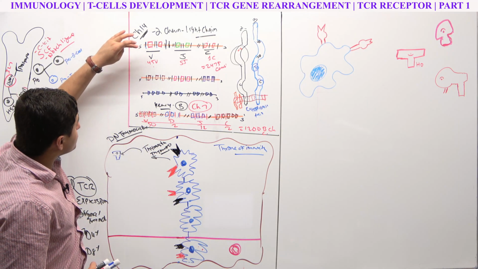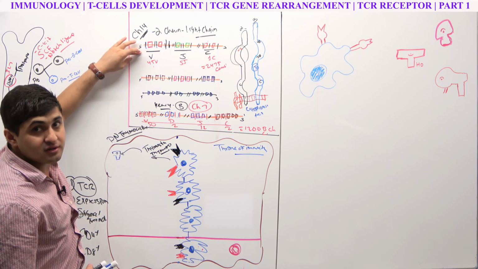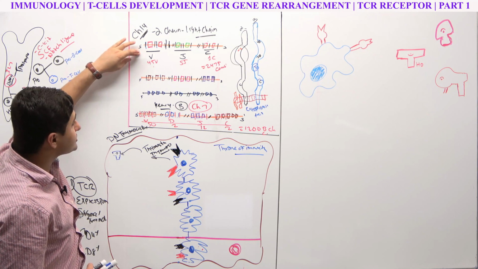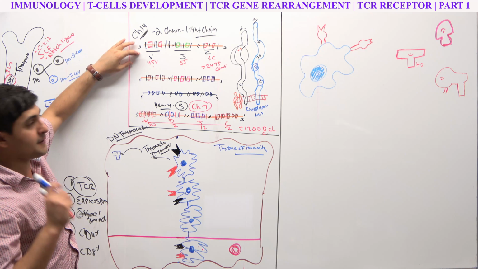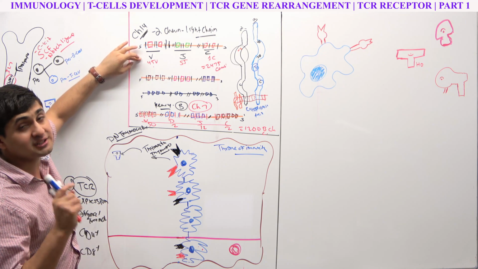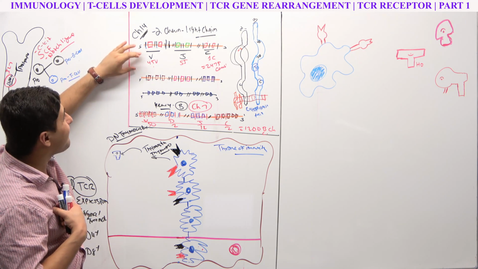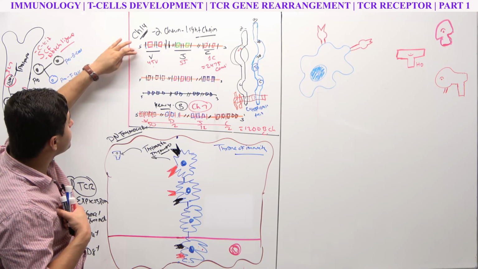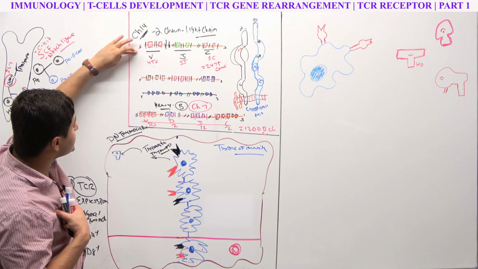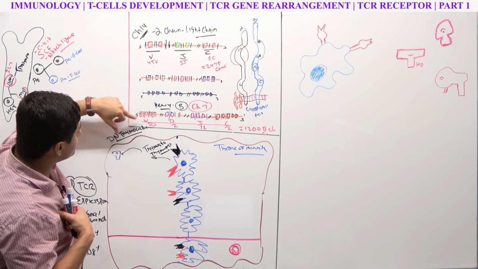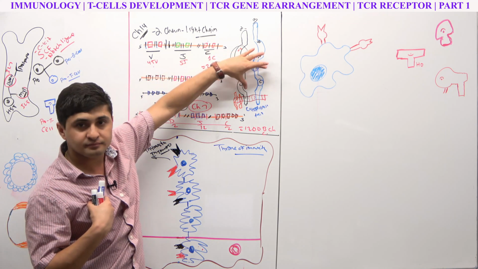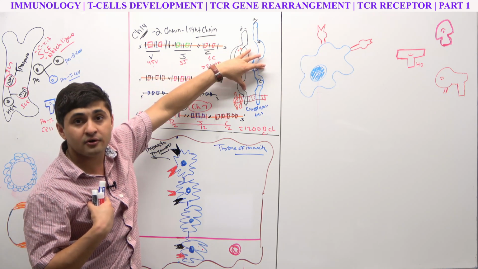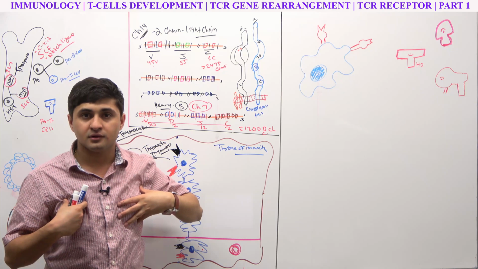Now, to make a TCR receptor, there are 2 kinds. The most abundant in our body are made of the alpha chain, from chromosome 14, and the beta chain, from chromosome number 7. They're the most abundantly present in our systems.